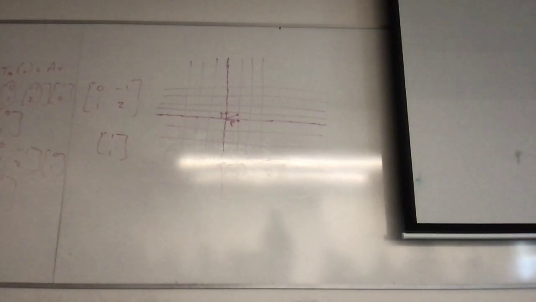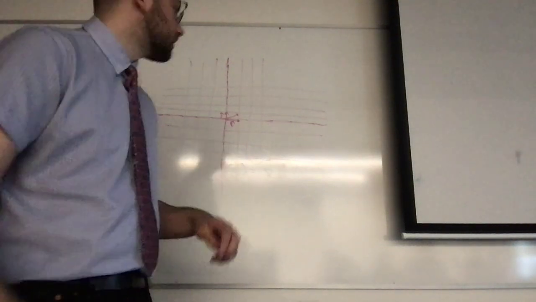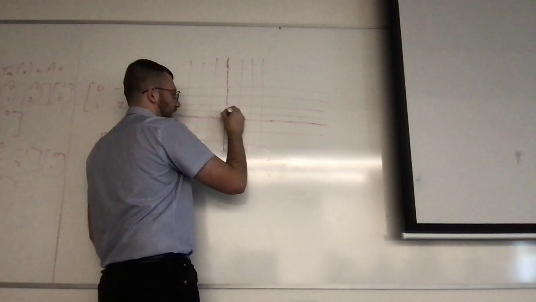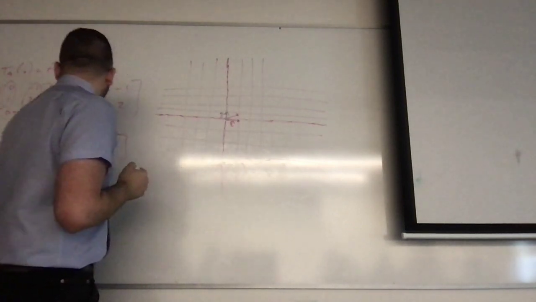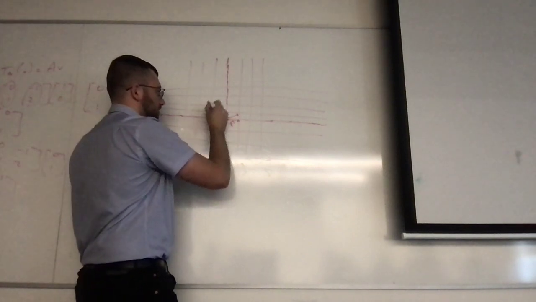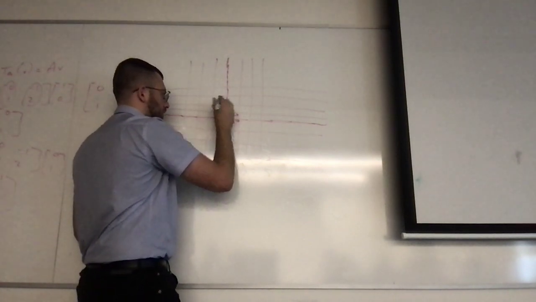Your answers are just the columns, always. Okay, so I'll draw those new vectors onto this grid. So i hat became just j hat, just straight up. And then j hat became -1 and 2, so it became like this, right?